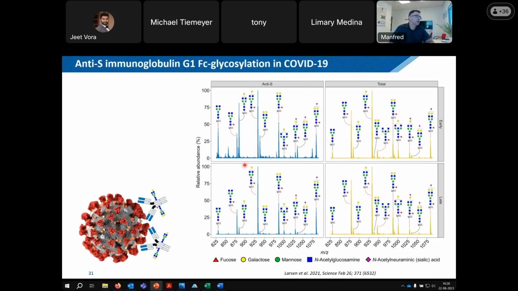So we have an initial low fucose response, which normalizes within some days or weeks. This is only a single patient, and the data I'm showing were generated by affinity purification of the antibodies, tryptic cleavage, and then measuring of the glycopeptides.